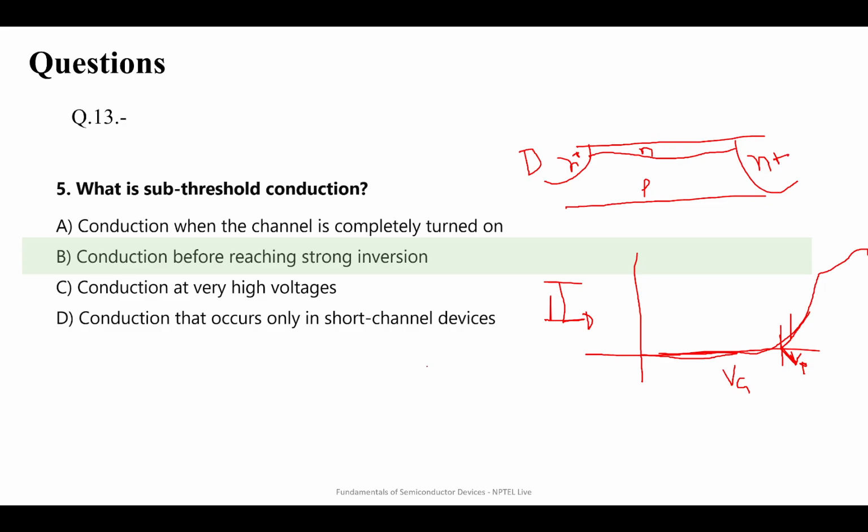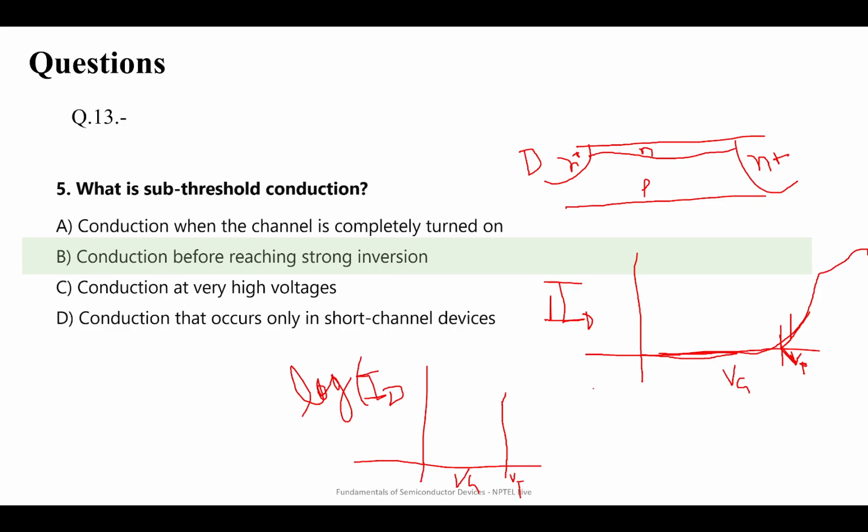But if I plot this same graph as log of ID versus VG, this would be my VT.